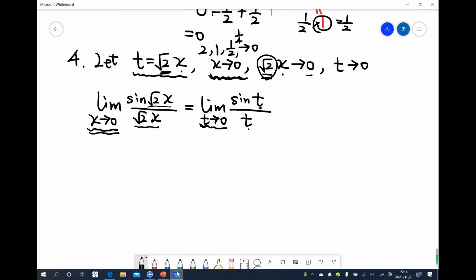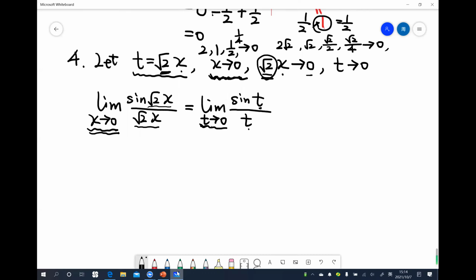And if we multiply each value by the square root of 2, that means the square root of 2, and the square root of 2 by 2, and the square root of 2 by 4. That also approaches 0, right? So we know that will not change.